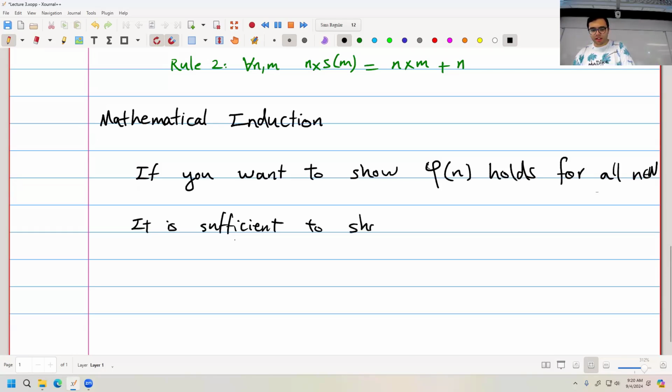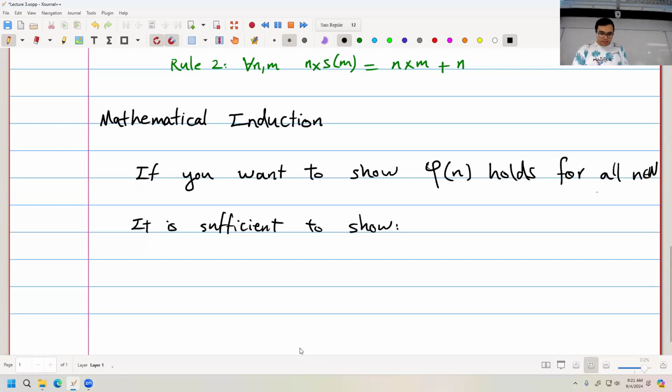It's sufficient to show these two things. So I want to show that some property phi holds for every natural number. If I show that phi holds for 0, and then I show that for every natural number n, if phi holds for n, then phi also holds for n plus 1, that's enough to show that phi holds for all of the natural numbers.